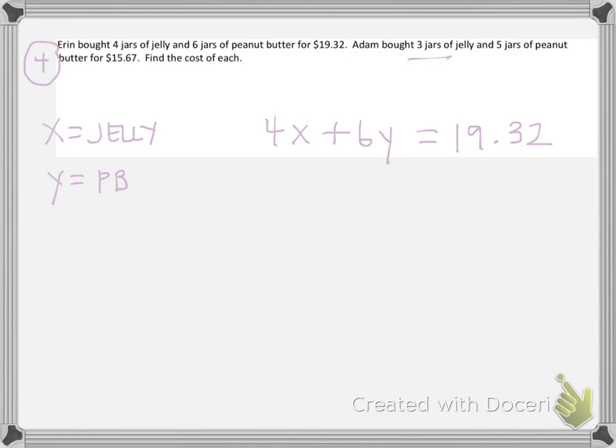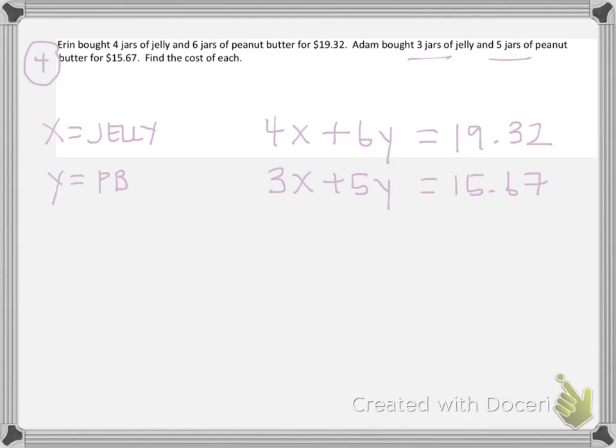Adam bought 3 jars of jelly, so 3x, and 5 jars of peanut butter for a price of $15.67.